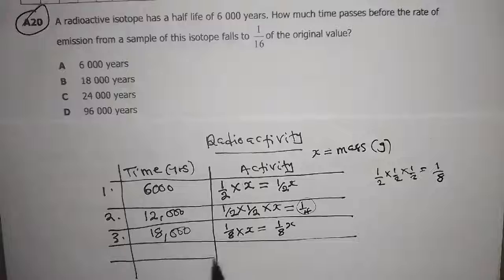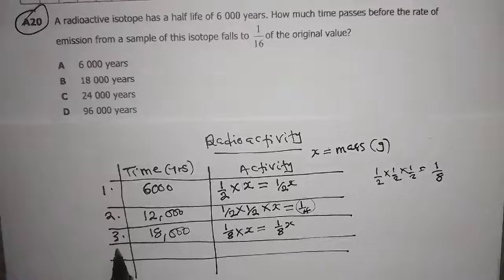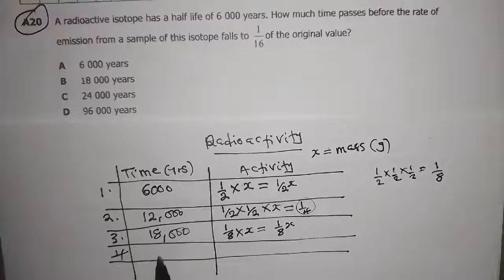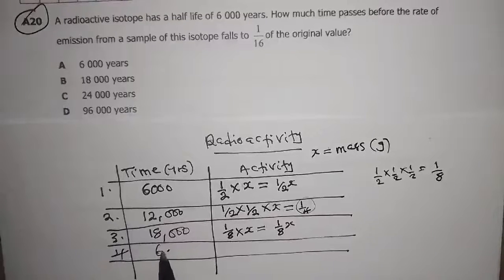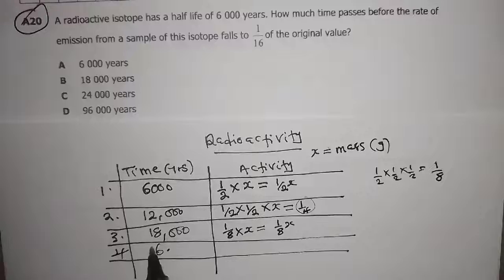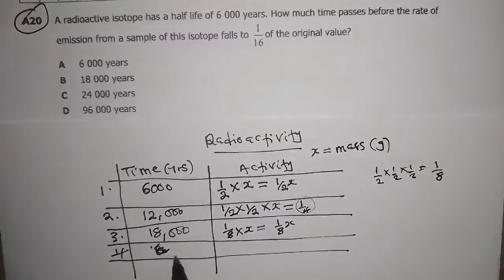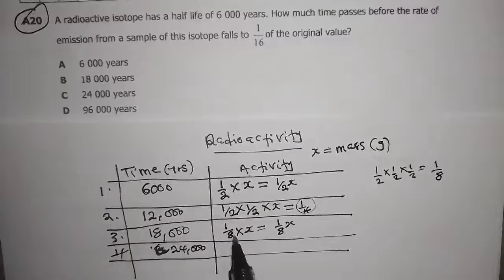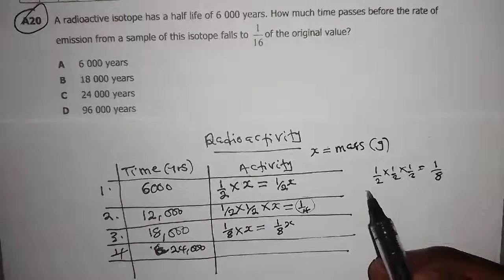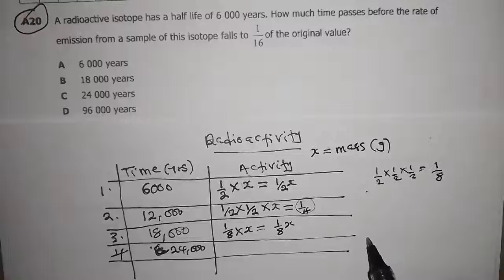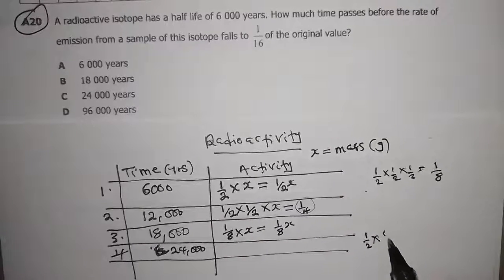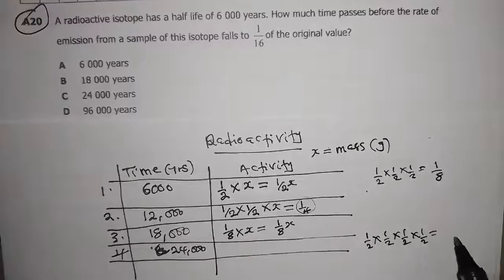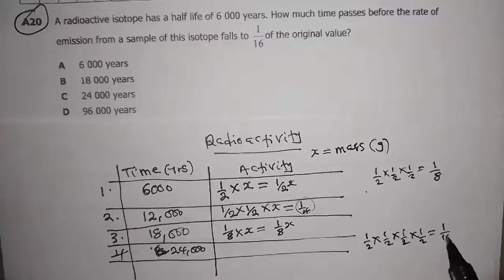Now the last one: 18,000 plus the initial starting value is 24,000. How many half-lives do you have? 4. So you have 1 over 2 multiplied by 1 over 2 multiplied by 1 over 2 multiplied by 1 over 2, which is 1 over 16.